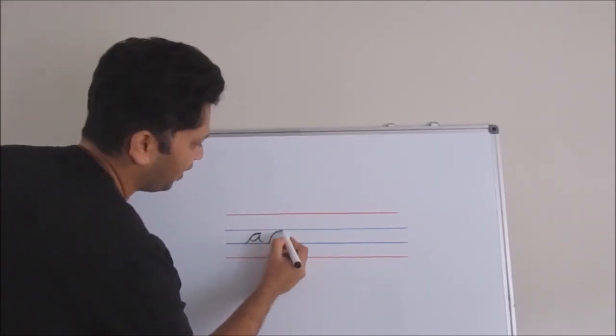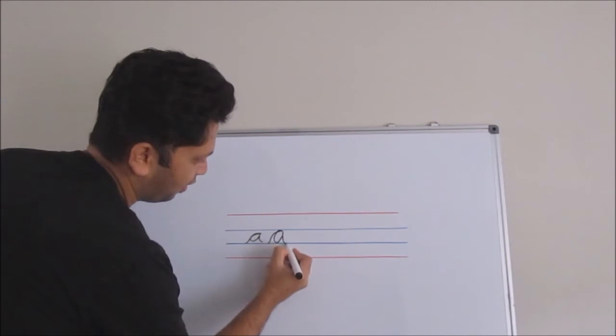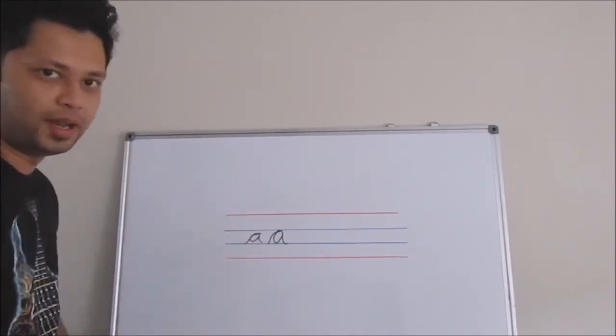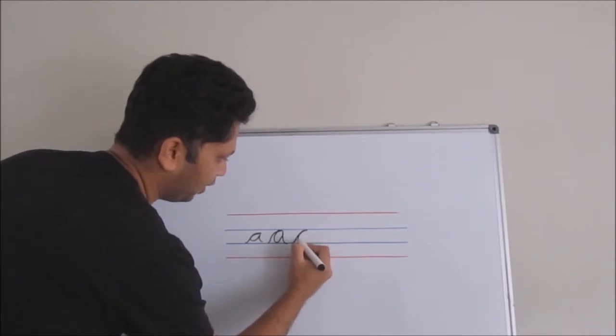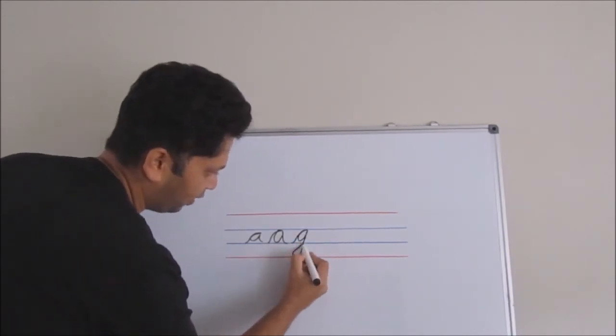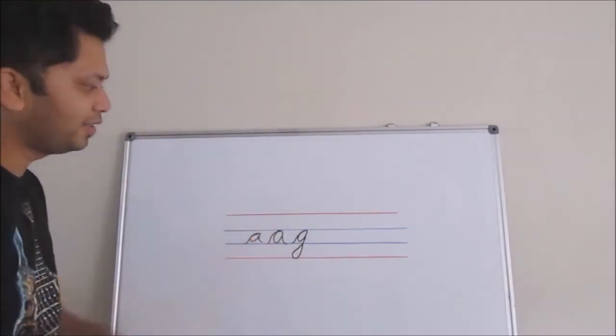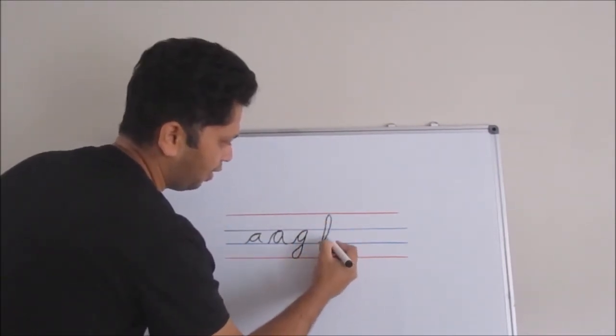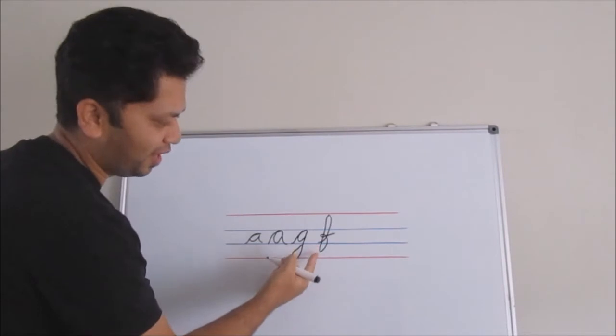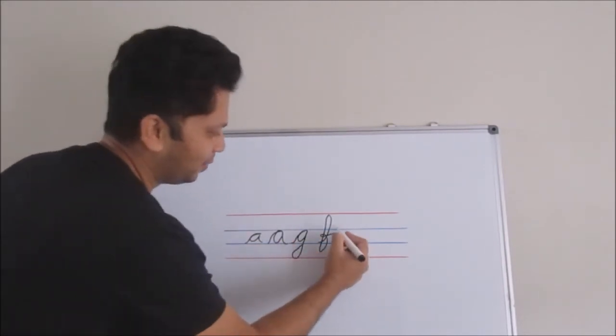The alphabet had to cover complete two lines, and if any alphabet goes down, it had to cover these two bottom lines, and if it has to go up, it had to cover these two. Even this is wrong, it has to cover both top and bottom.